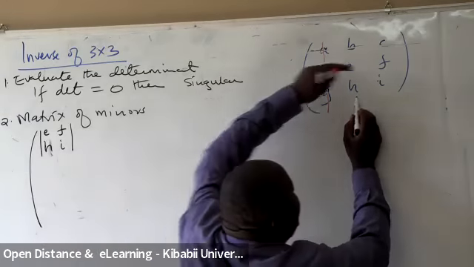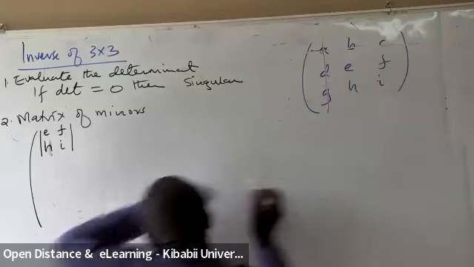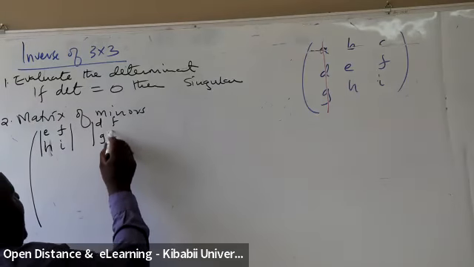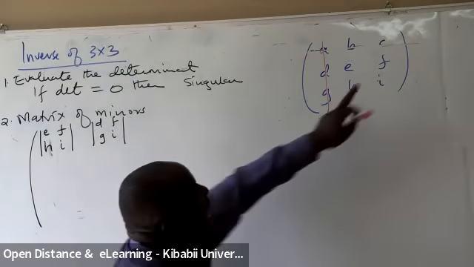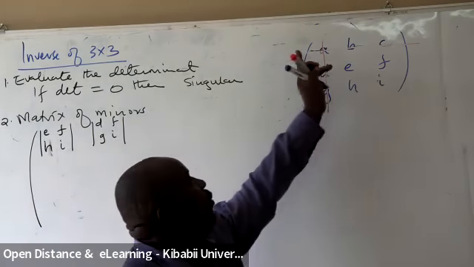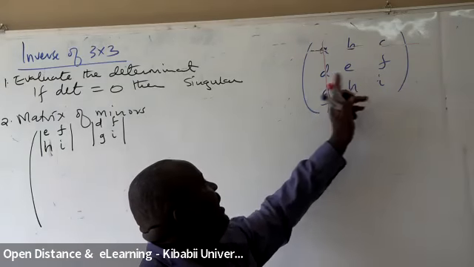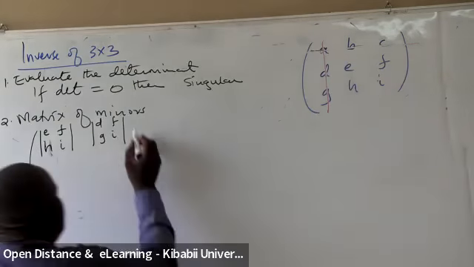I'll be left with D, F, G, I. I replace element C on row 1, column 3. I'll be left with D, E, G, H.